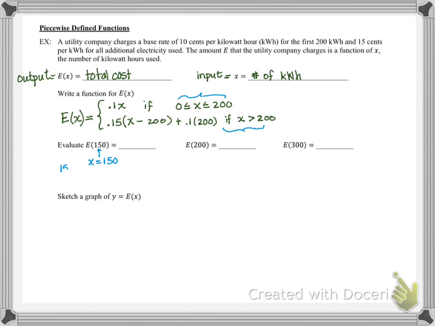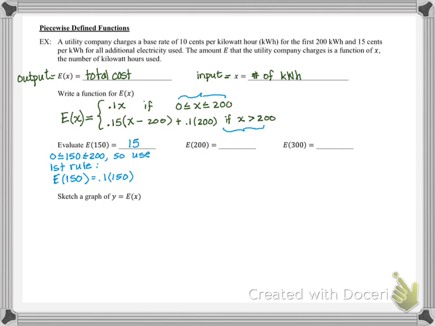So 150 is between 0 and 200. So I'm going to use the first rule. E of 150 equals 0.1 times 150, which gives me 15.